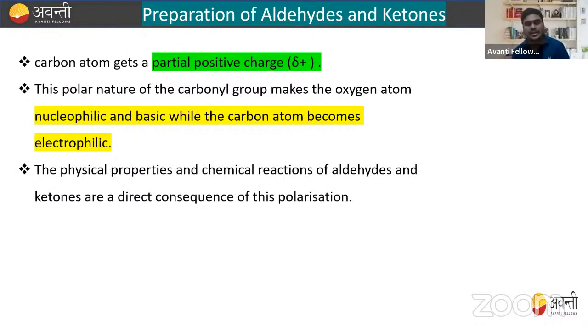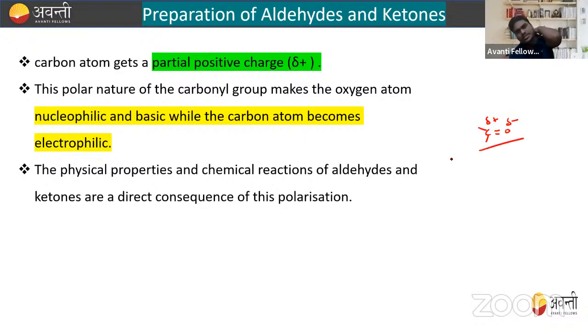This polar nature of the carbonyl group makes the oxygen atom nucleophilic and basic, while the carbon atom becomes electrophilic, right? Why does this polar nature come into the picture? Basically, due to the presence of the more electronegative oxygen, the oxygen acquires a partial negative charge, and the carbon acquires a partial positive charge.